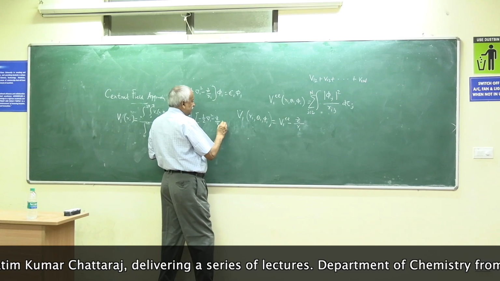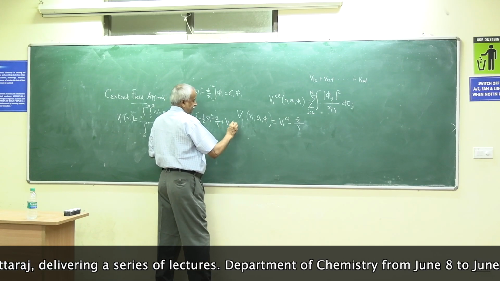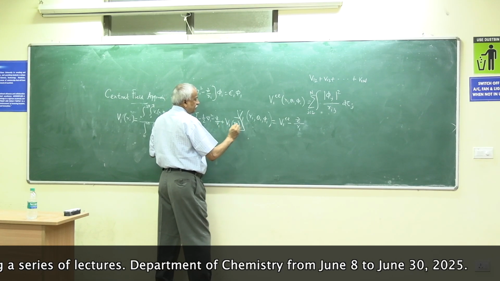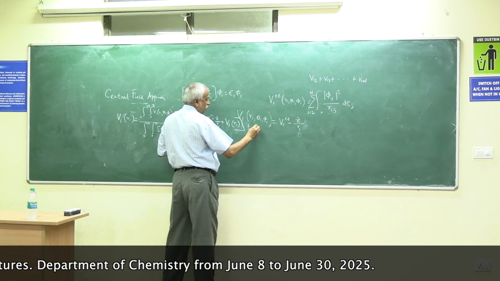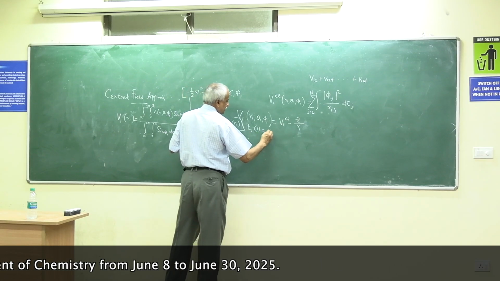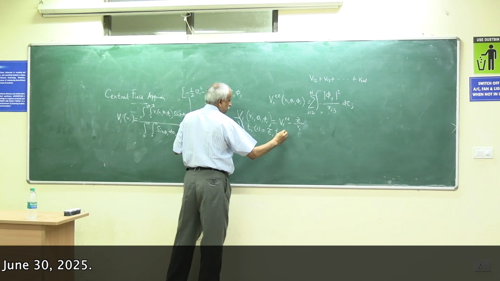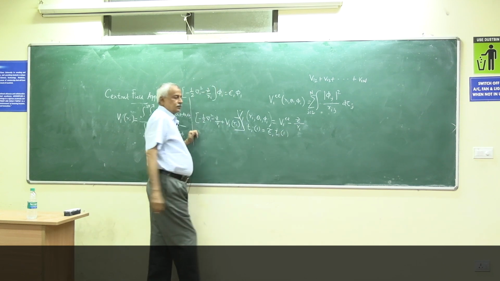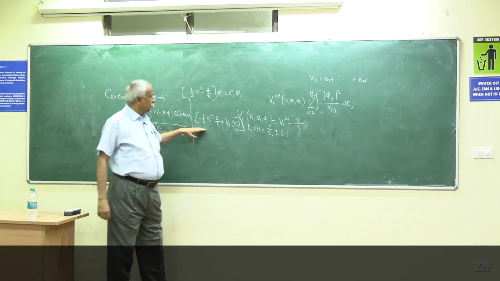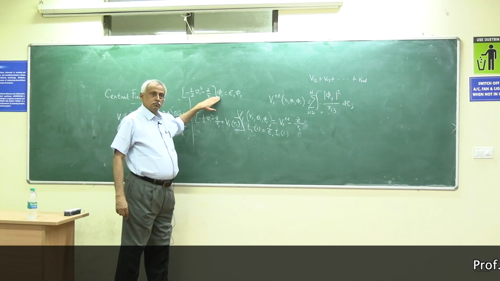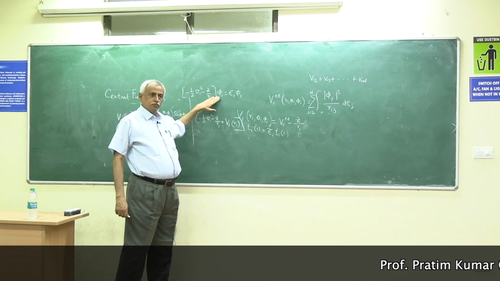So I add this and I call this, let's say, as T1 1 as E1 tilde T1 1. So now if I solve, I am not getting phi 1. It's not my hydrogenic orbital anymore.